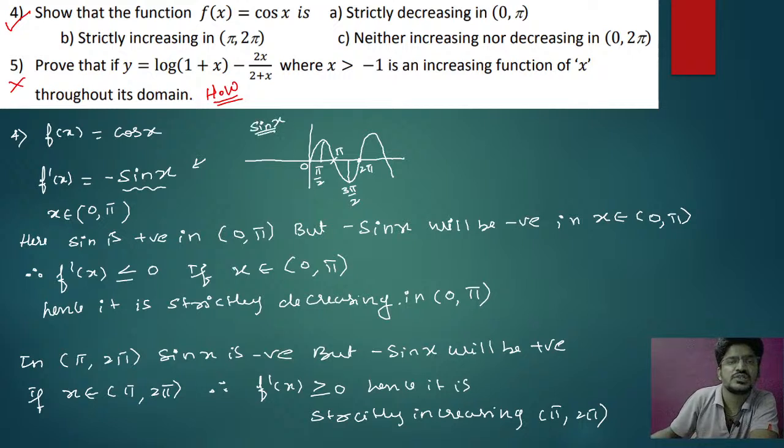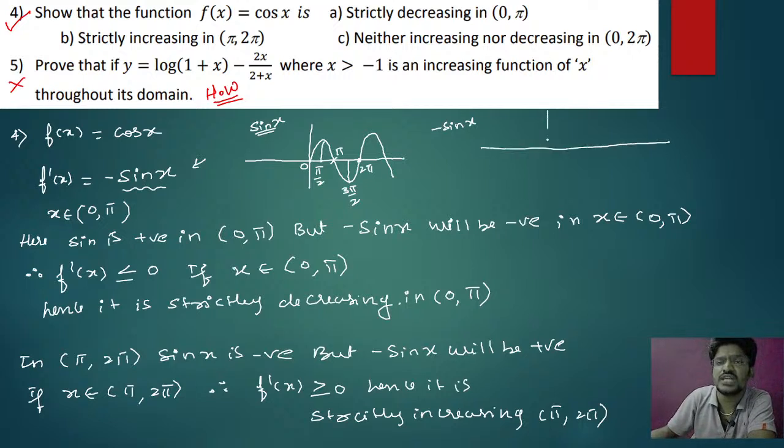This is sin x. But we need minus of sin x. So minus of sin x will be the mirror image of this particular curve along the x-axis. That means it will change its nature like this. It will become like this. Okay. This is 0, here this is pi by 2, here this is pi, here it will be 3 pi by 2, and here it is going to be 2 pi.